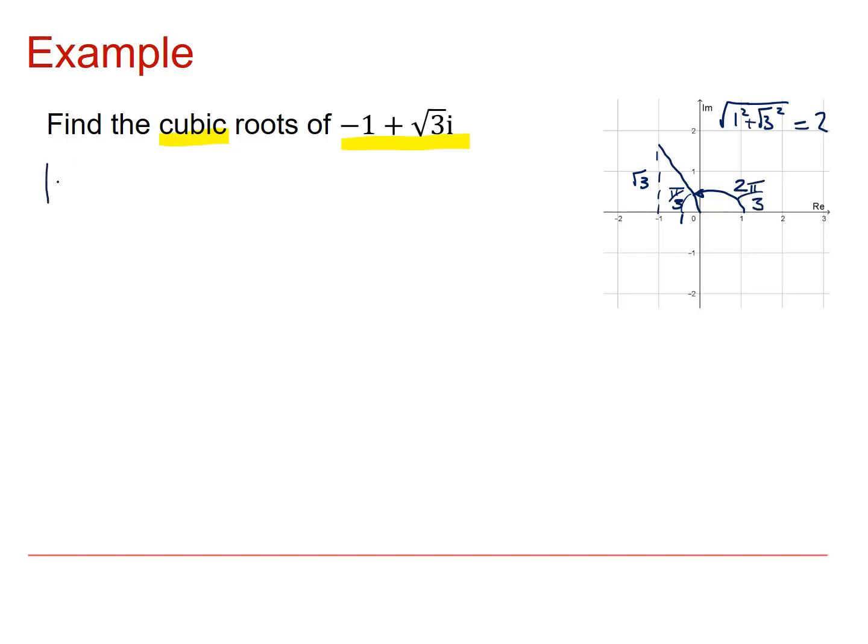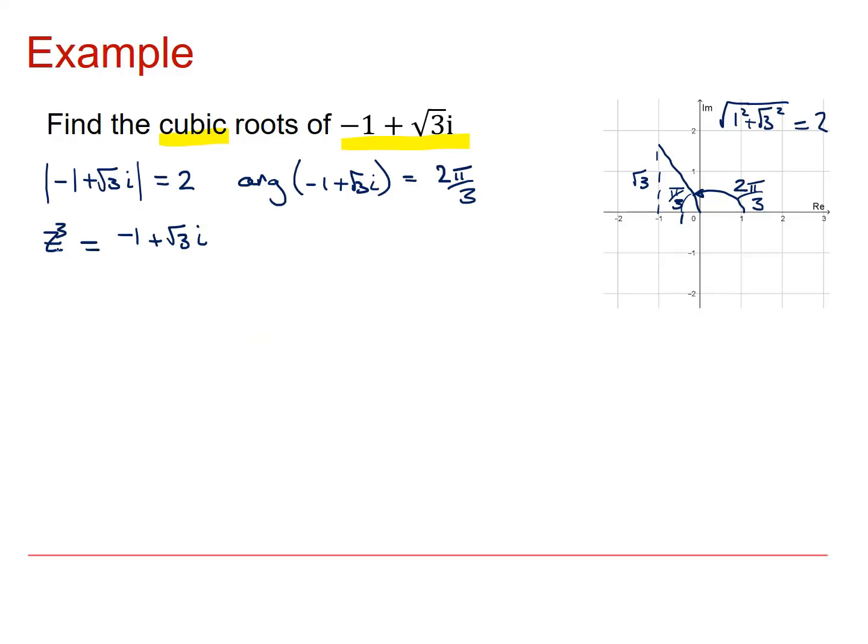So the modulus of minus 1 plus root 3i is equal to 2, and the argument of that is equal to 2 pi by 3. So I'm trying to solve z cubed is equal to minus 1 plus root 3i.